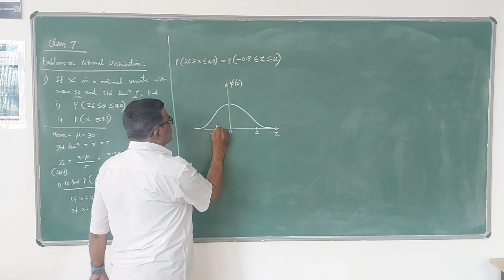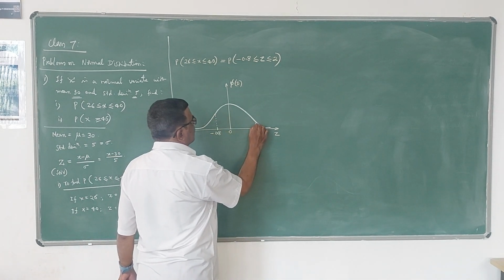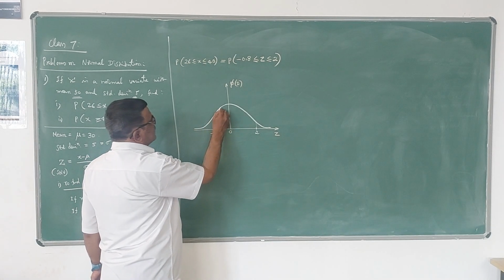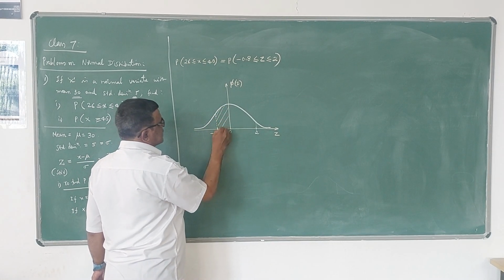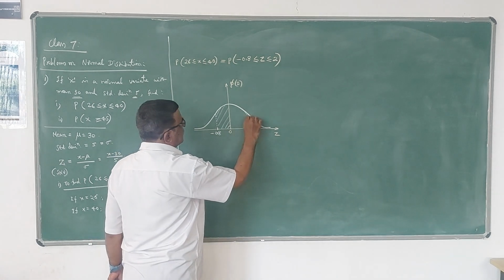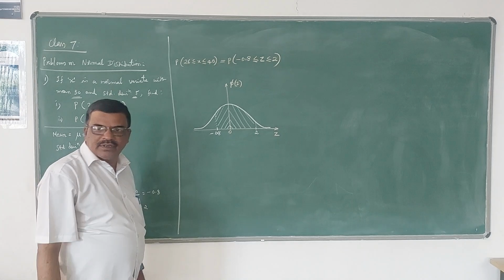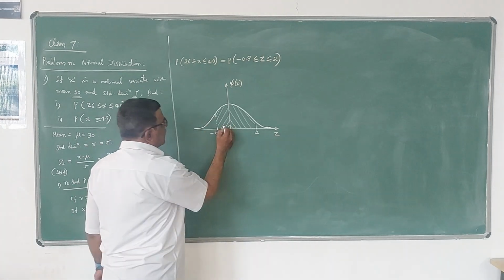Now the area under this curve gives the value of phi of z. The area consists of two areas, one on this side and another on this side.